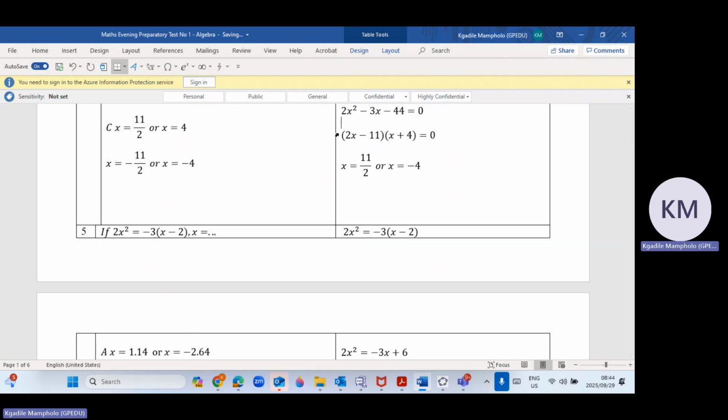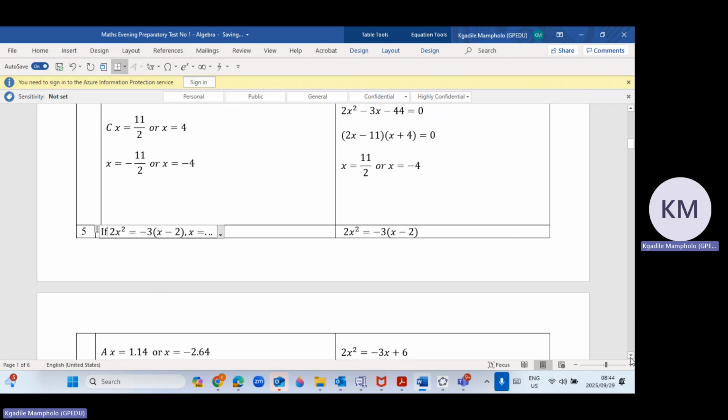Like I'm saying, most of you know how to do that using a calculator, but you may forget the steps. If you forget the steps, the quadratic formula method is the way to go, because the quadratic formula is given in the formula sheet. You can't say you forgot it.